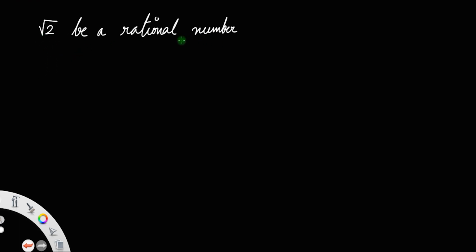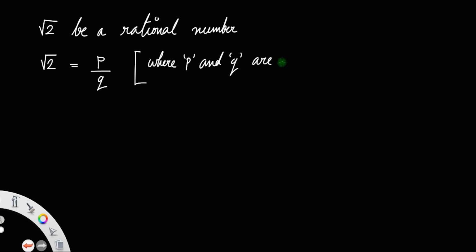So first assume the statement: root 2 is a rational number. Any rational number can be written in the form root 2 is equal to p by q, where p and q are integers, and also p and q have no common factors.